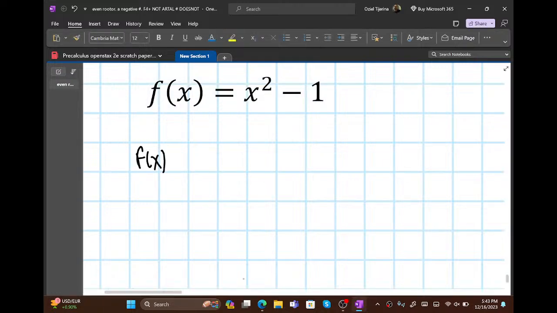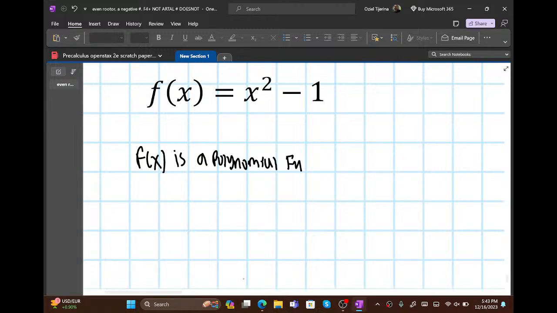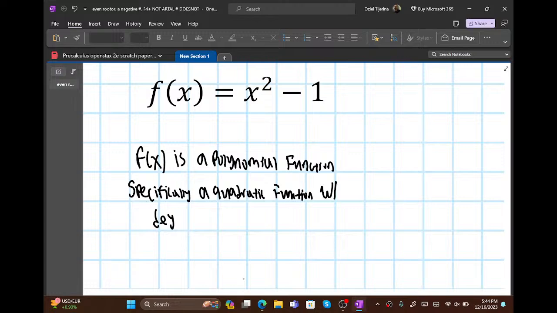So, f of x is a polynomial function, specifically a quadratic function with degree 2.